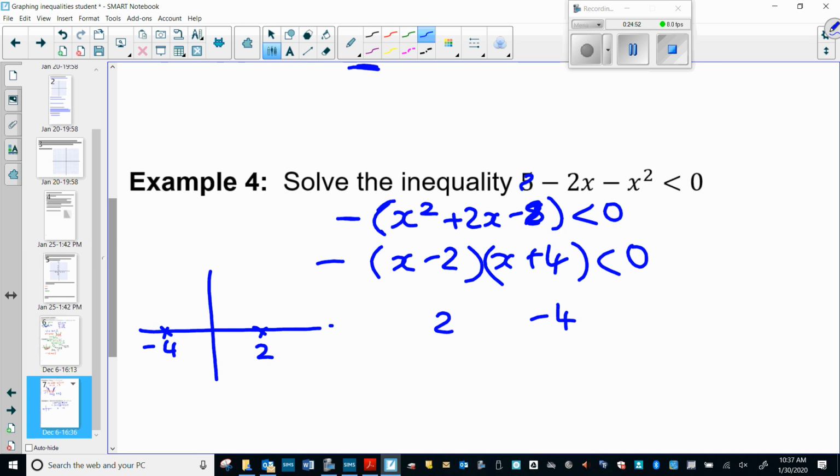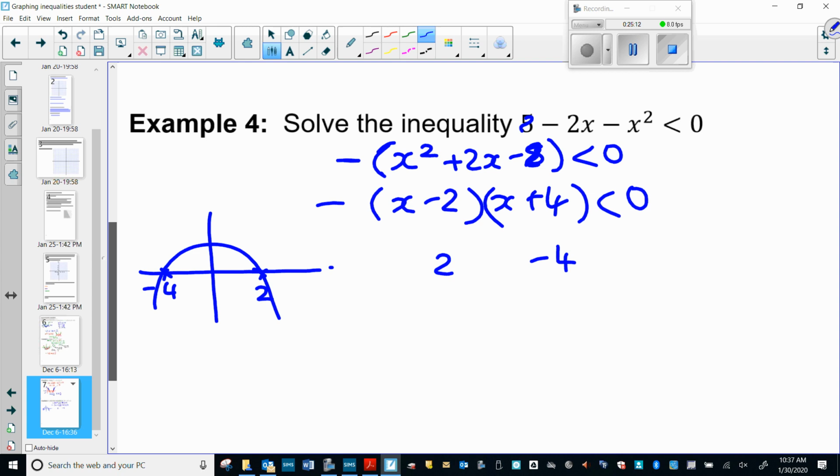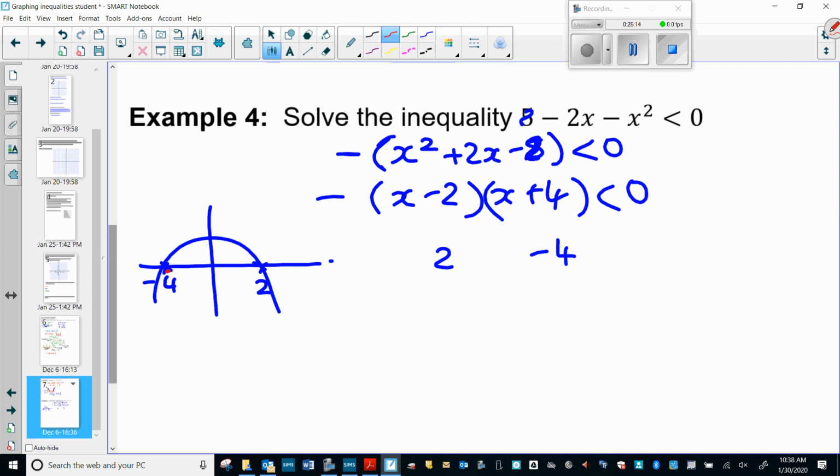What does that negative sign in the front do to our graph? It makes it negatively shaped, so it's upside down. Okay? So we want our graph to be less than 0. So we're talking about this bit and this bit.